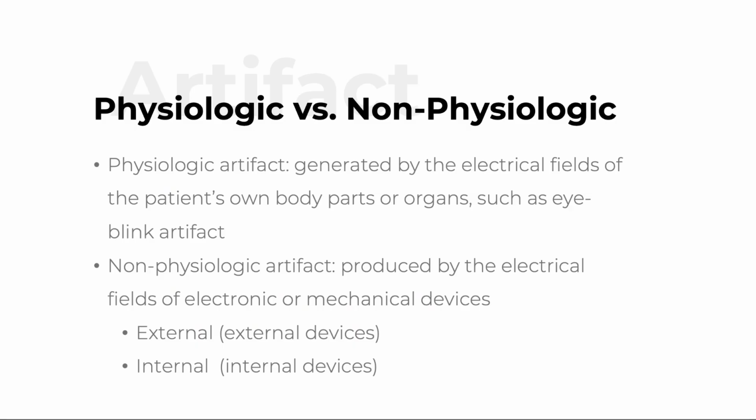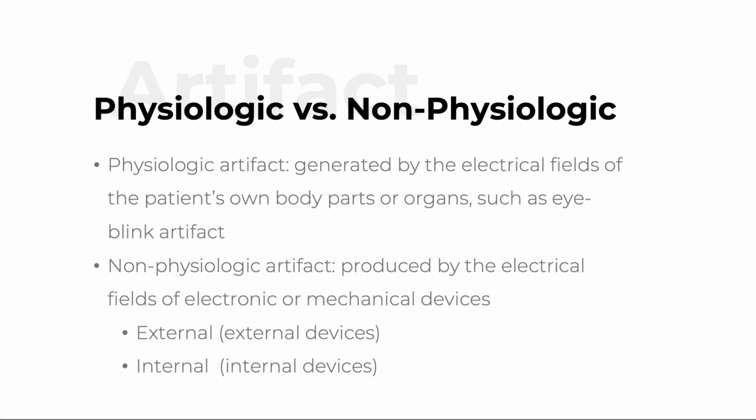So when we're looking at artifact, we want to ask, is this physiologic artifact that we're generating from electrical fields of our own body, the patient's own body, such as eye blink artifact? We discussed this a lot in normal EEG. Sometimes the artifact itself is very useful to identify the state of the patient. Non-physiologic artifact is produced by the electrical fields of mechanical devices, electronic devices, and this can either be external or internal.